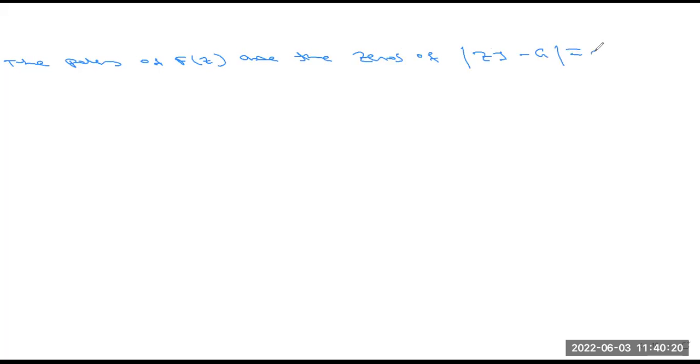This is equal to 0. That means we have expressed here determinant of (zI minus G) equal to 0.